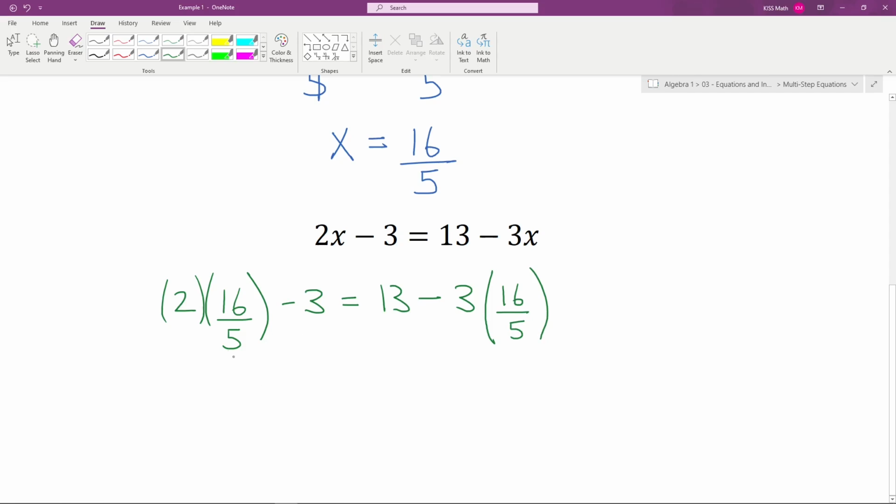So we can multiply this 2 by 16 over 5, and that would be 32 over 5 minus 3 equals 13 minus 3 times 16 over 5, that's the same as 48 over 5.